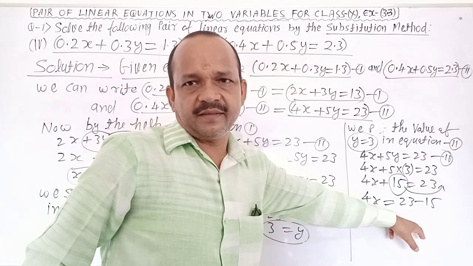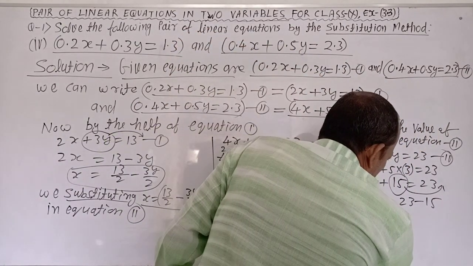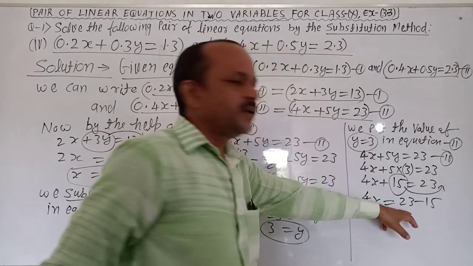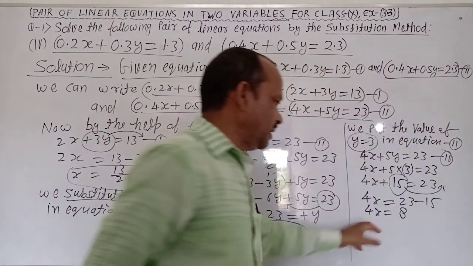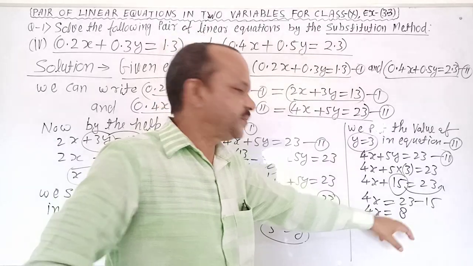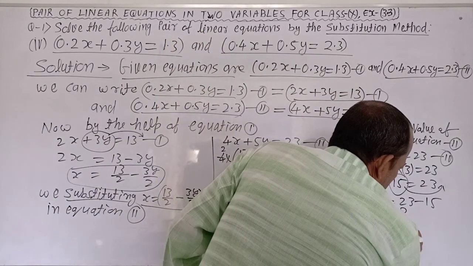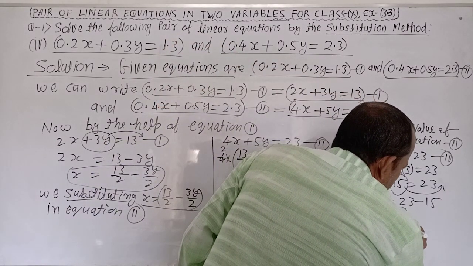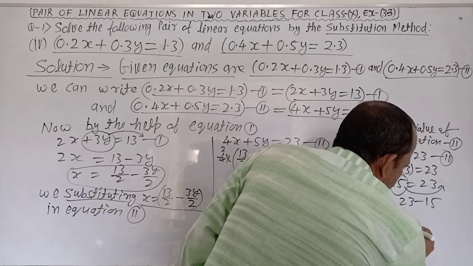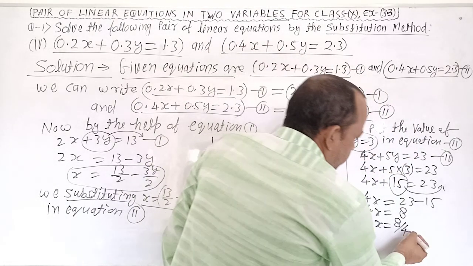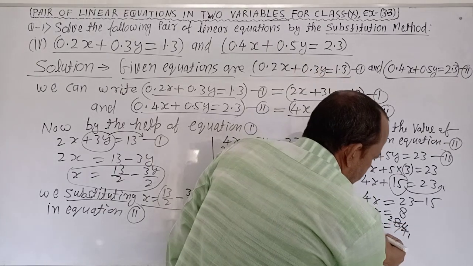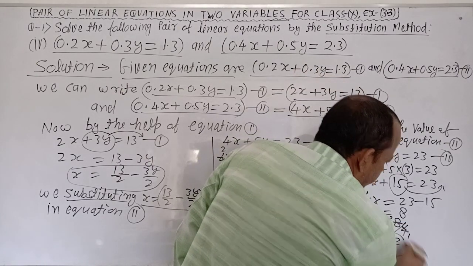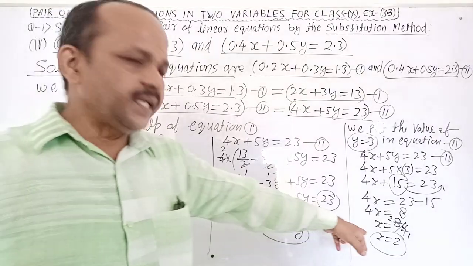You subtract it. 4x equal to, you subtract it, you find 8. 4x equal to 8. X equal to 8 by 4. 4 1 ja 4, 4 2 ja 8. You find x equal to 2.